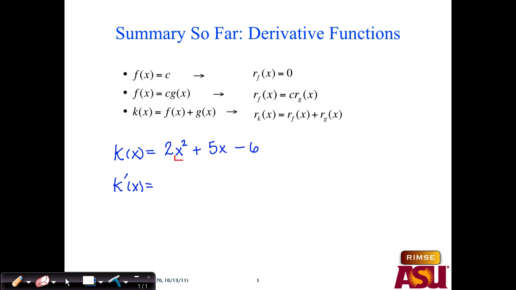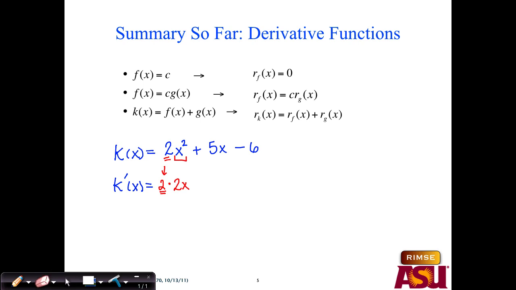So I know that the derivative, or the rate of change, of the x squared part was 2x. And then we've got this coefficient of 2, according to our constant multiple rule. This 2 in front corresponds to a 2 multiplied on as a factor in the derivative as well.